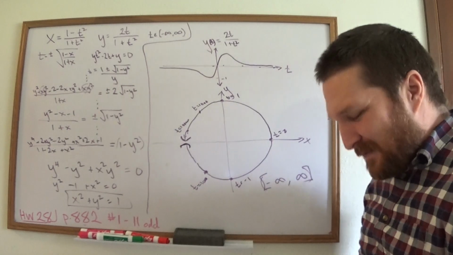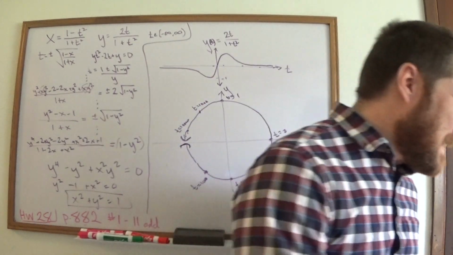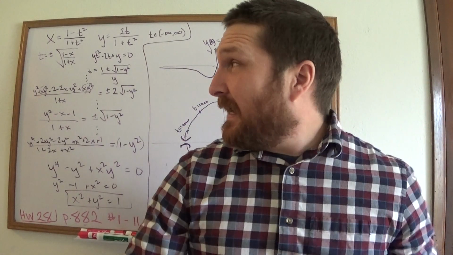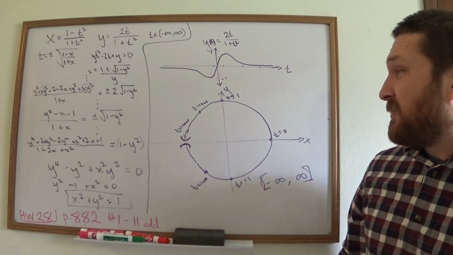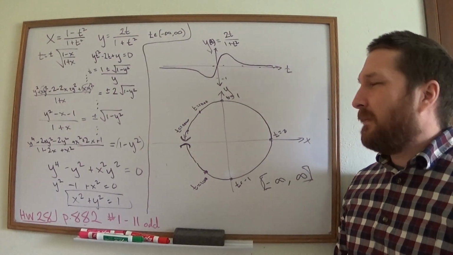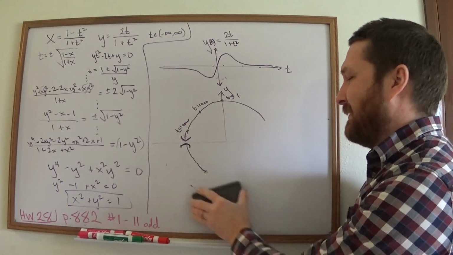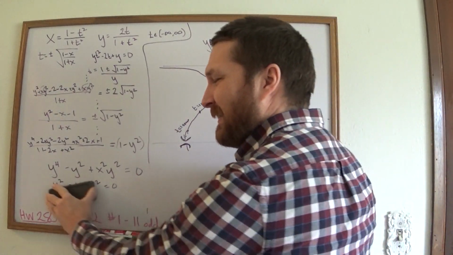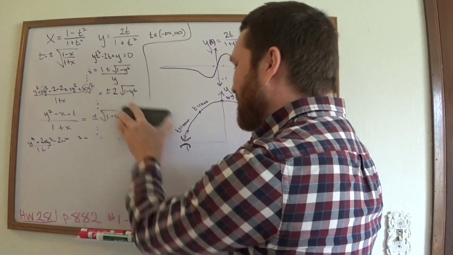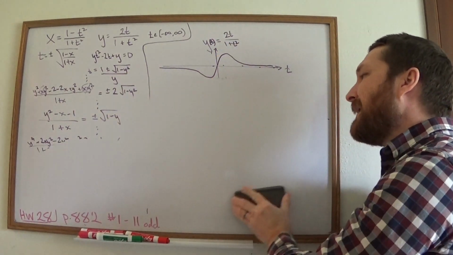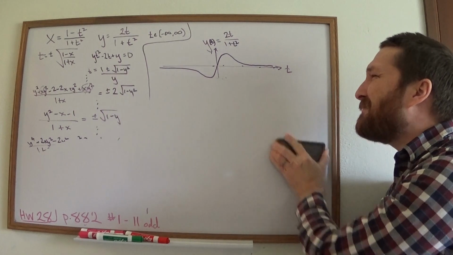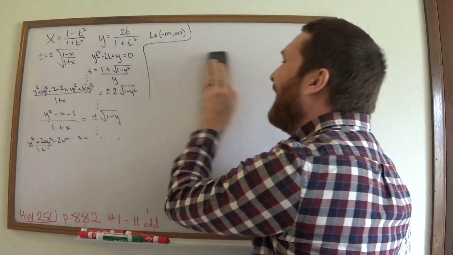But there's just more going on here. It's not so cut and dry. This is one thing I love about math. My mom likes to chide me and say, you like math because it's black and white, but it's not at all black and white. Is this the unit circle? Well, yes and no, kind of, depending on how you look at it.